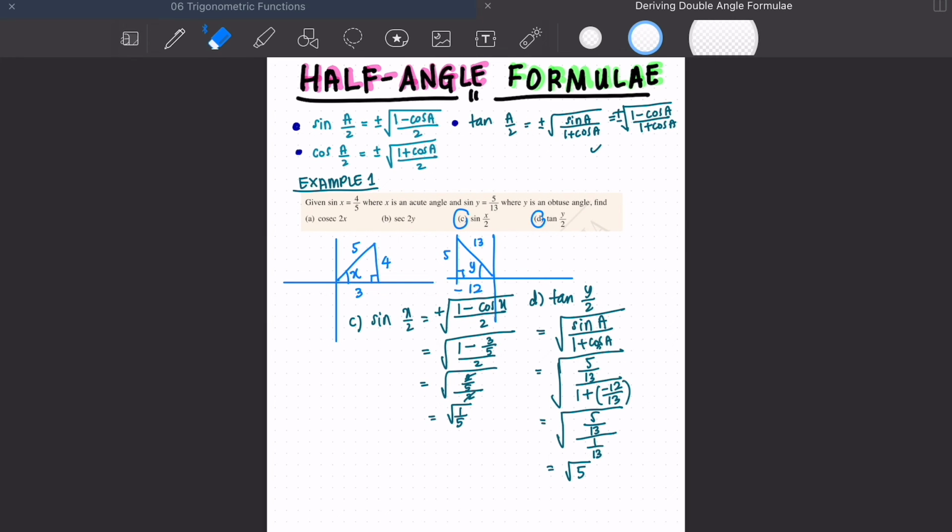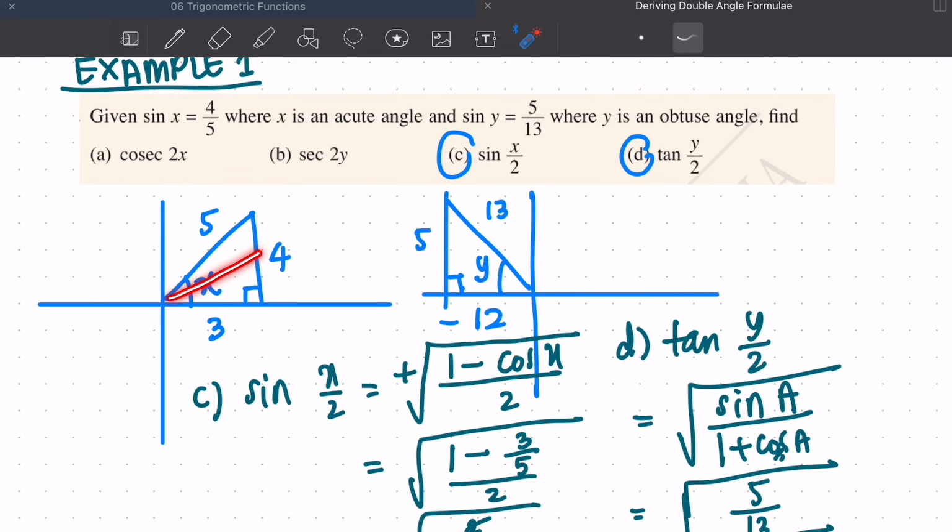So again, the gist of this video is that we want to apply the half angle formula. First we just substitute all the values, and we have to visualize the triangle. We have two angles, one acute and one obtuse. For x over 2, the angle is still in the first quadrant.